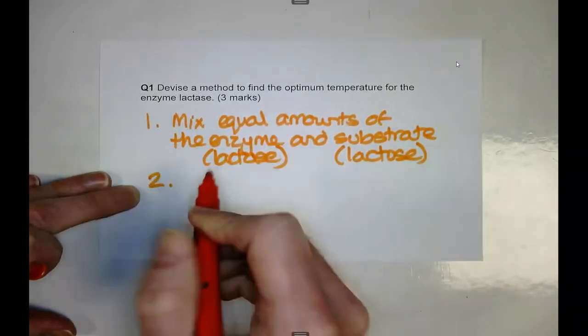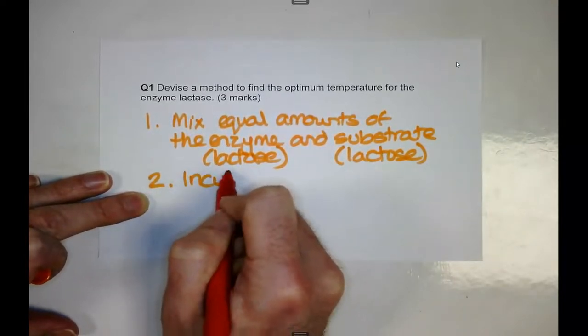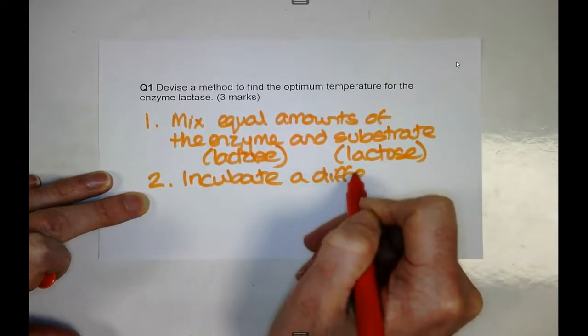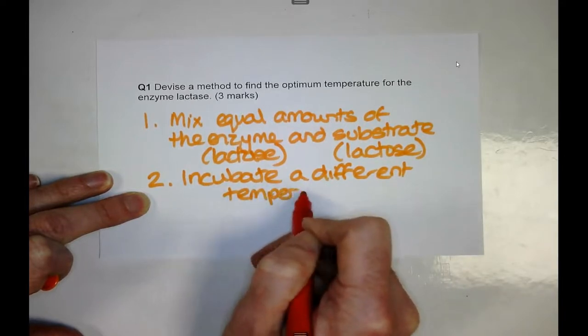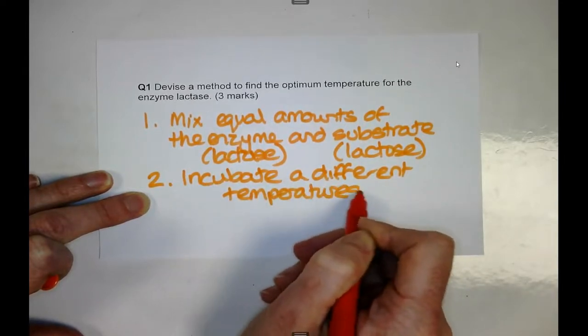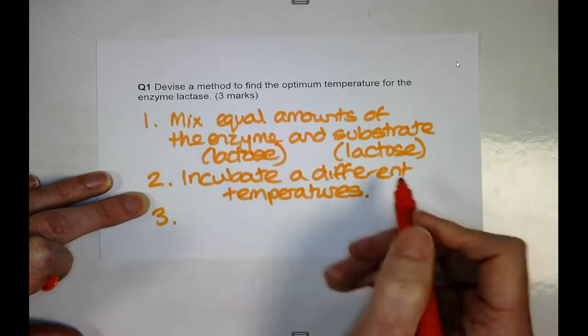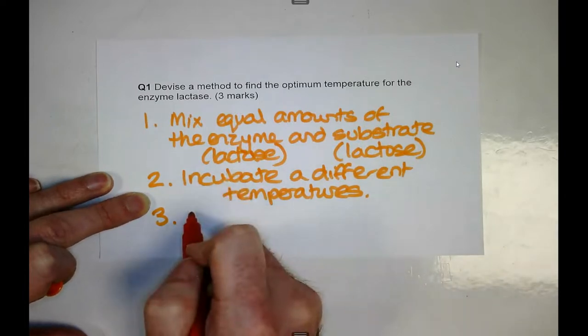Number two, then it says find the optimum temperature. You have to incubate at different temperatures. That makes sense, doesn't it? And then finally, we've got to have a way of knowing the reaction's completed. So obviously, you've got lactose, and it's broken down into glucose.